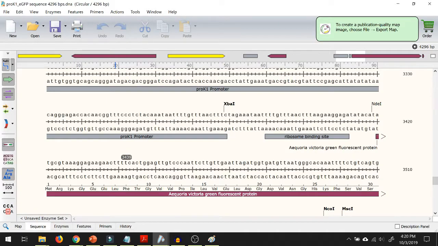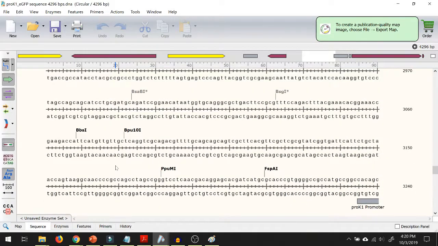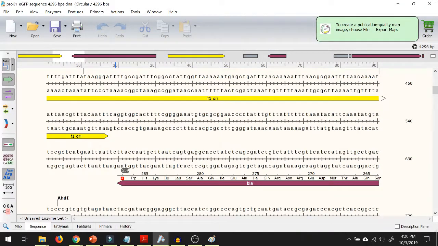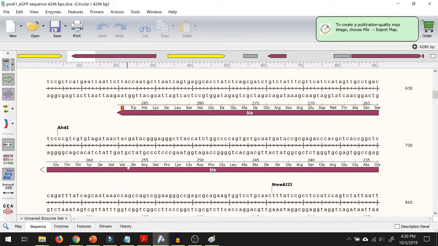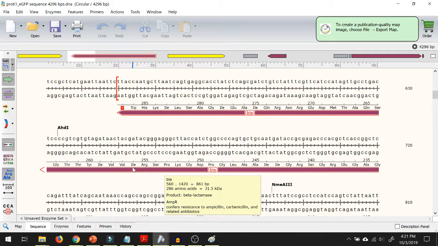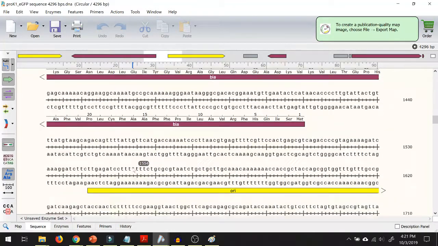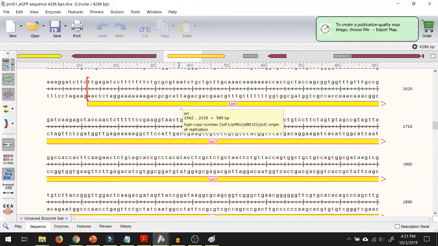So yeah, all right. We can go through here and figure out everything that's going on. So we got our antibiotic resistance gene. This one is for ampicillin. You can also use carbenicillin. This ORI is the origin of replication.